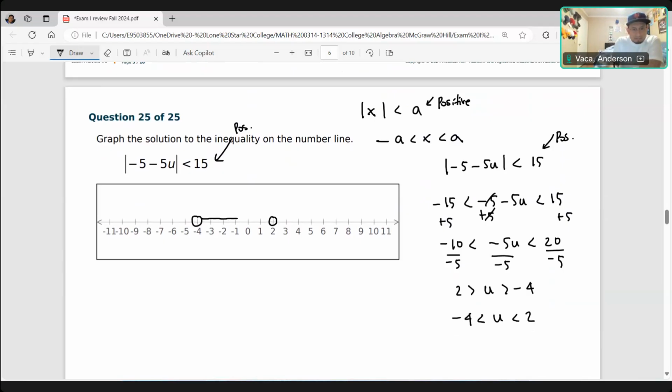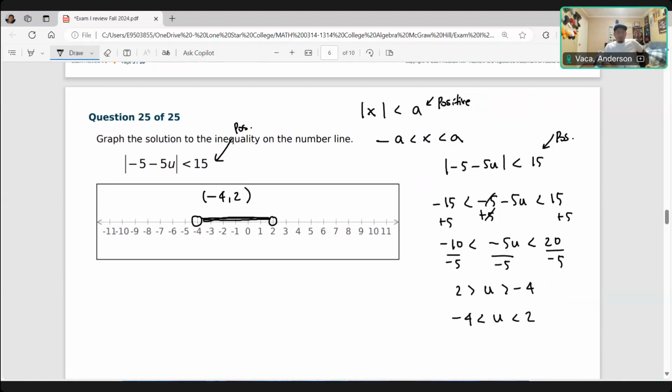And we're taking everything between these two numbers. In interval notation, that is negative 4, comma 2. The answers will be everything that is in between those two numbers.